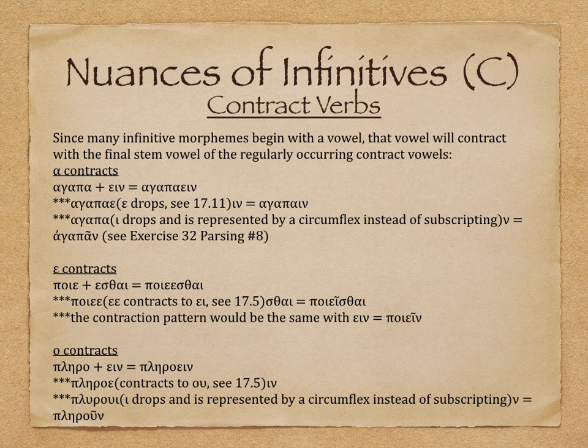That's right, ou, and here again with omicron contracts, instead of that iota being a subscript in some way, here it just becomes a circumflex, and we have plerun. And again, we have the similar ending, just the nu, like agapan, and the previous vowel has a circumflex over it. You'll just have to remember those patterns, the contract verbs.